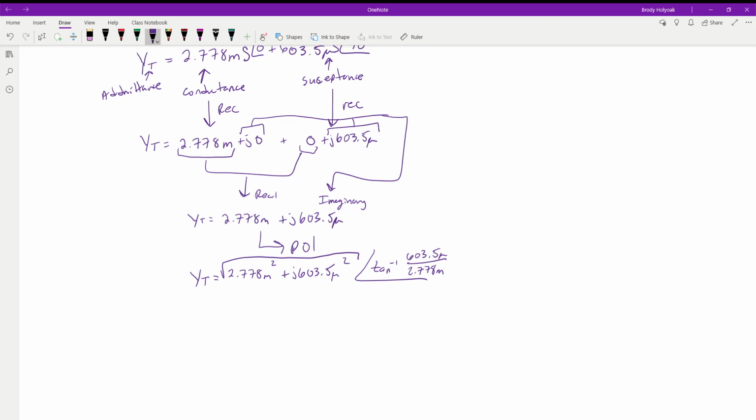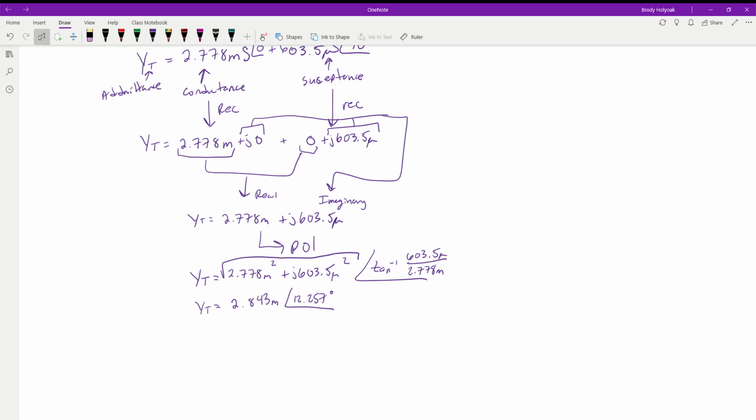But right now, we have to go with the polarity as it is in this part of the equation. So we end up with the admittance total in polar notation coming out to be 2.843 milli at an angle of 12.257 degrees.